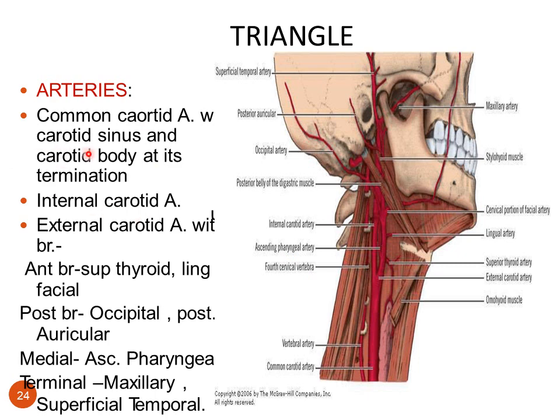Common carotid with its bifurcation. At its bifurcation you find carotid sinus and carotid body. Then you find internal carotid and external carotid.